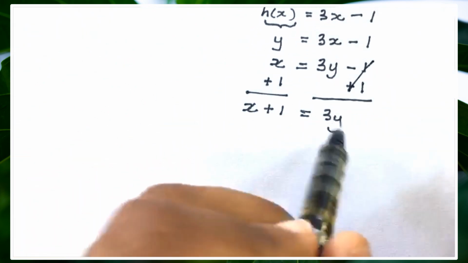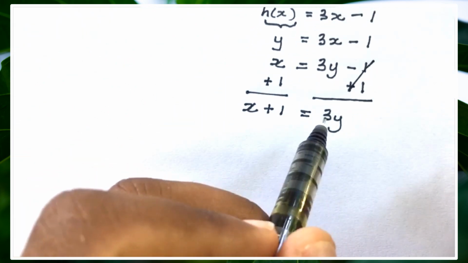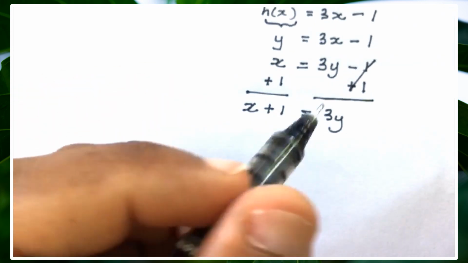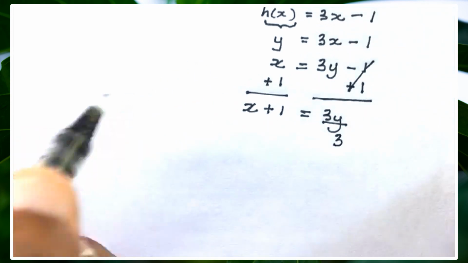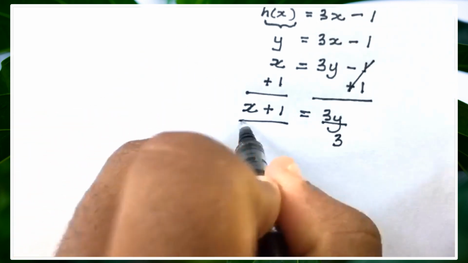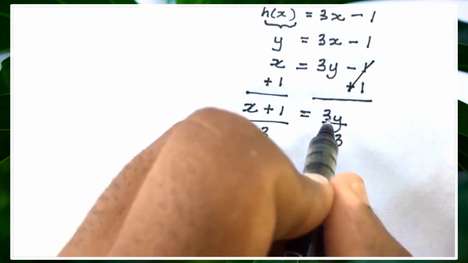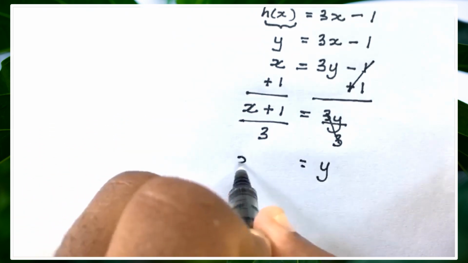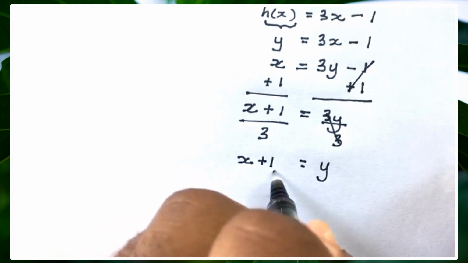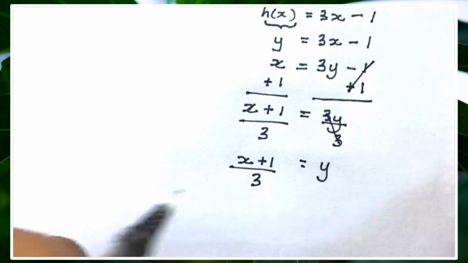To get y on its own, we need to get rid of this multiply by 3. And the opposite of multiplying by 3 is dividing by 3. So we need to do that to both sides to keep it balanced. So these will cancel. So y will now become x plus 1 all divided by 3.